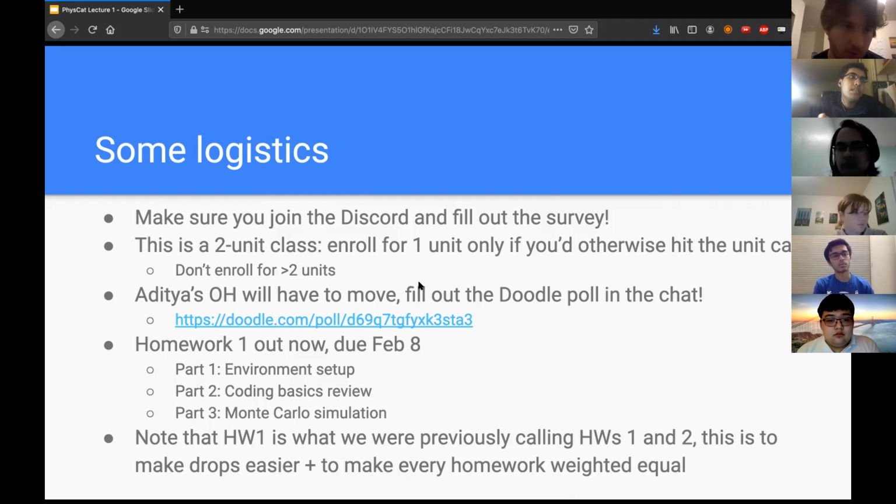Some people have talked to me about how they don't want to hit the unit cap and go through administration just for a DeCal. That's fine, just expect 2 units of work. And if there is enough demand for it, we could also offer a scaled-back 1 unit version where you just do the homeworks and not the project. That works out to the same time budget. But we'd rather not do that. We're trying to be as flexible as possible so you still learn. Okay.